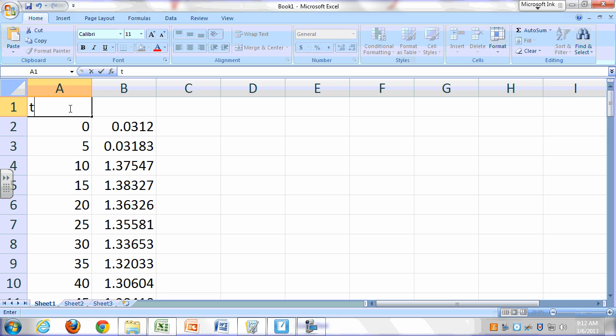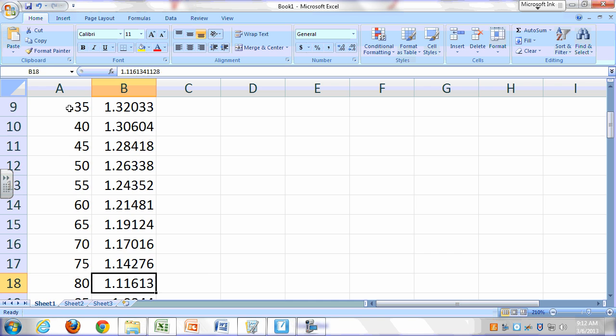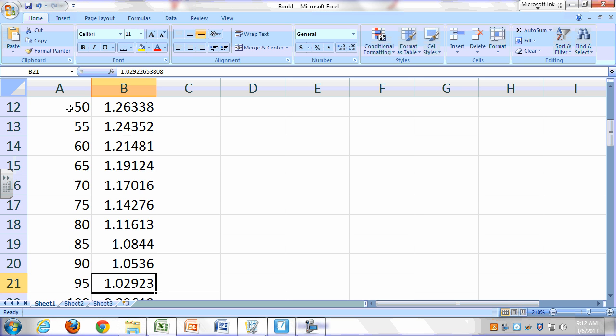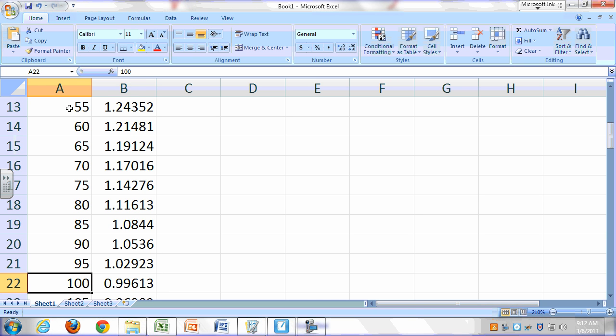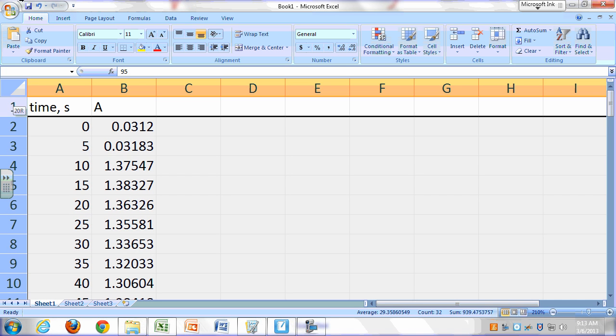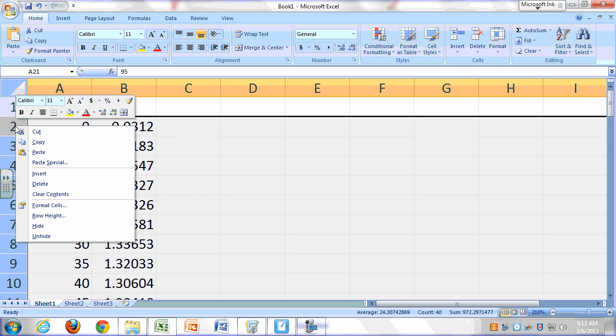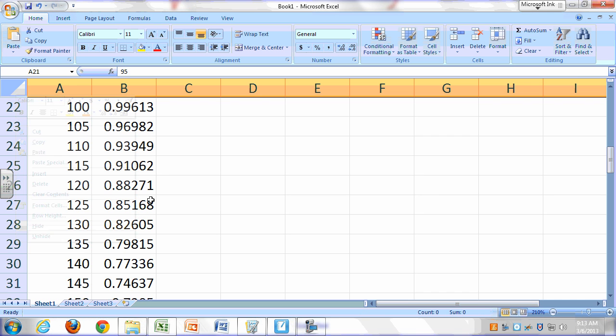This is time in seconds, and this is your absorbance. We're only going to analyze data after it's dropped to an absorbance of 1, so let me just hide these numbers.